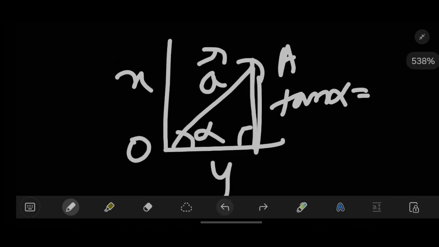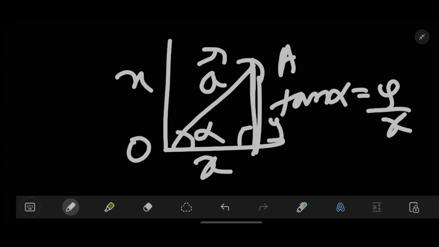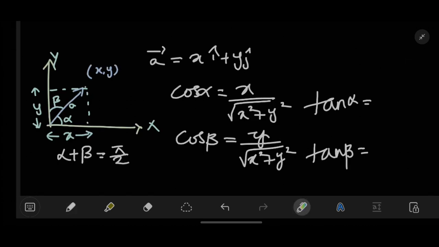Now what is opposite? Sorry, this is x, this is y. Y by x is nothing but tan alpha. So look here once again. This is opposite, right? Opposite is y. This is adjacent. This is x. So simply y by x.